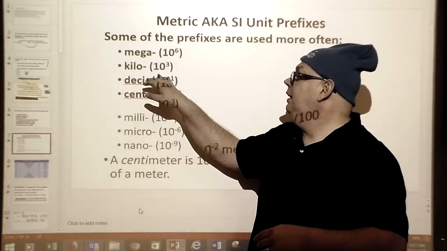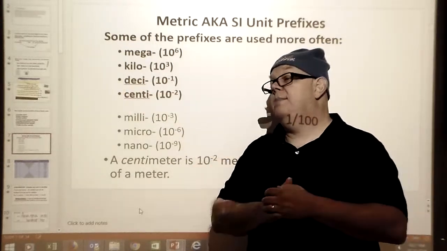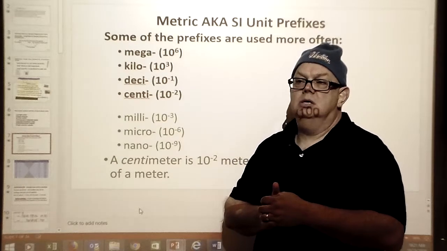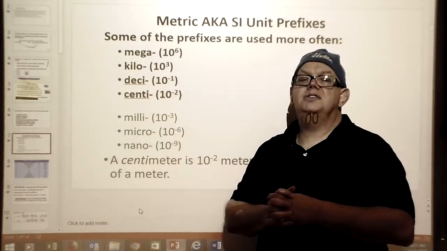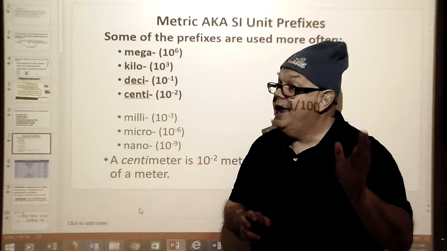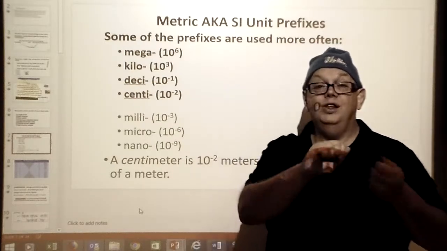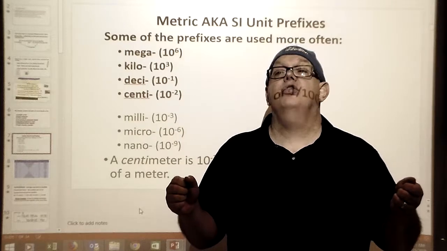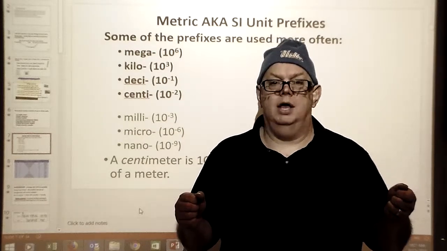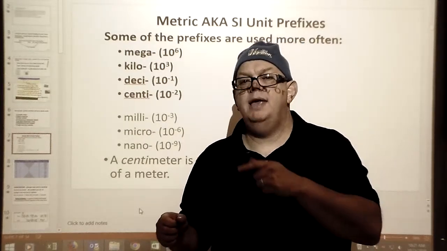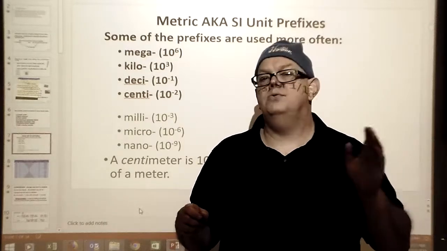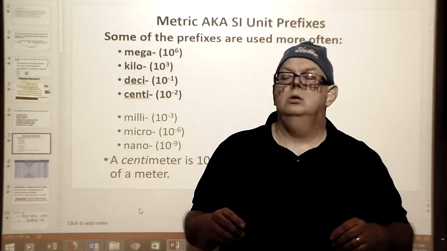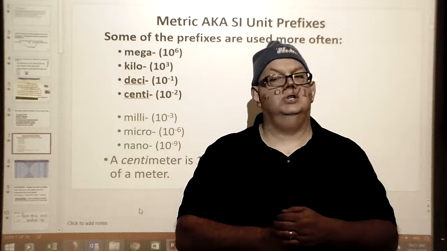If we look at kilo, 10 to the 3rd, we talk about 1,000. Now some people would say, oh, but it's a grand. That is true, but when you look in the newspaper for cars and it says 30K miles on it, you see 30K miles way more often than you'll see 30G. That's just the way it is.